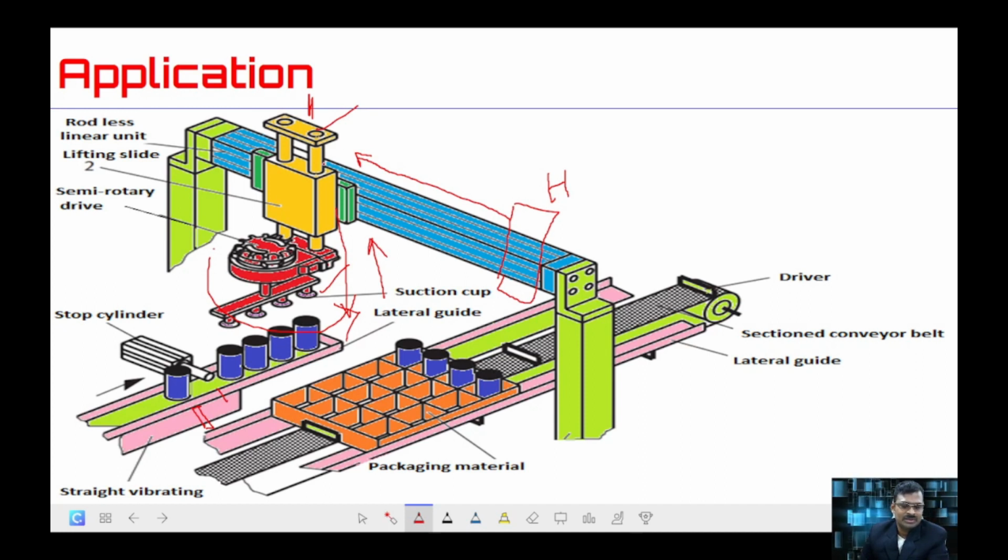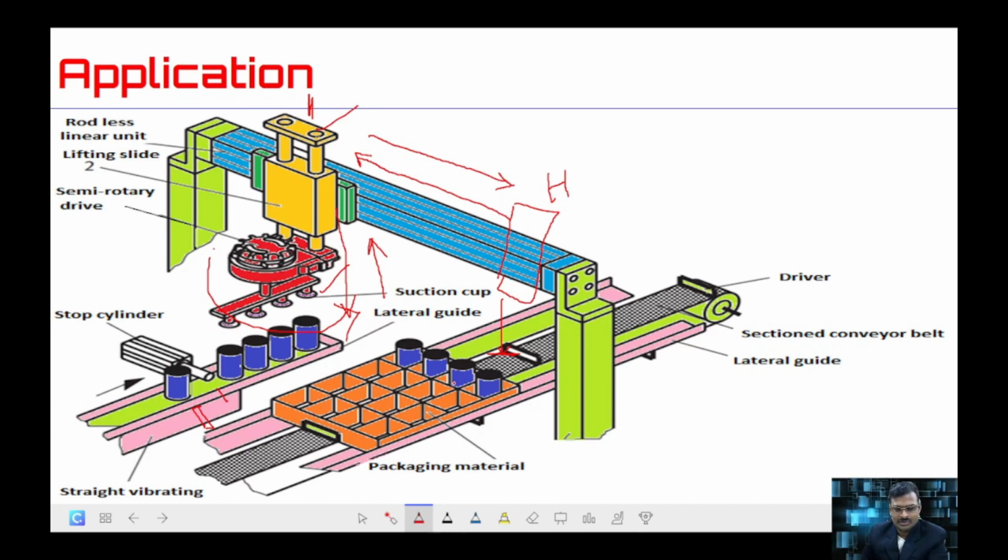Once it comes to the home position of this lifting slide, the rodless linear unit has to come back to the home position. Once the rodless linear unit has reached the home position, again from here it has to go down. Once it has reached the extended position, it has to release the object, using the suction cup.